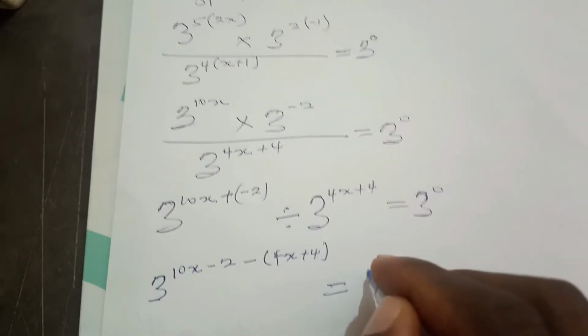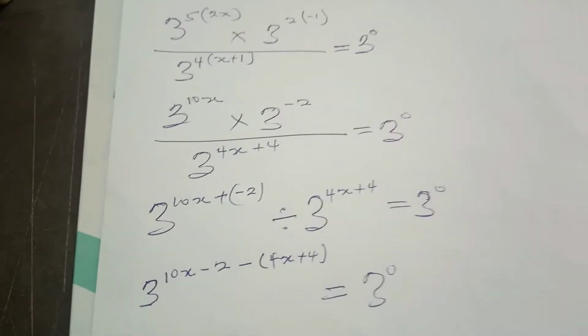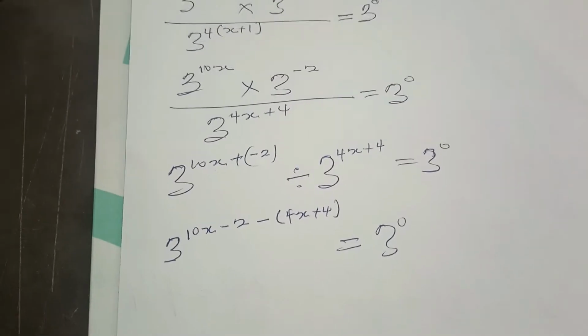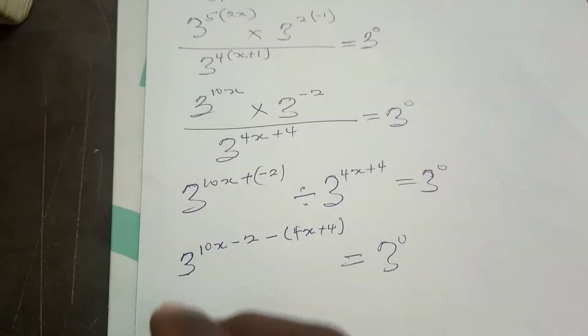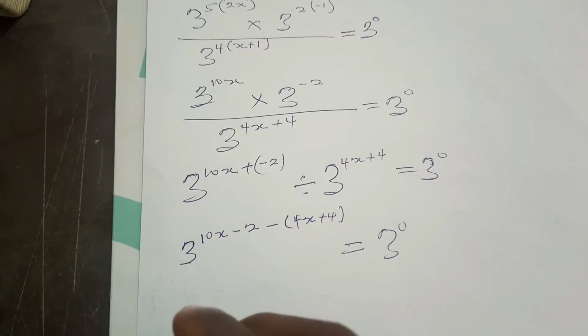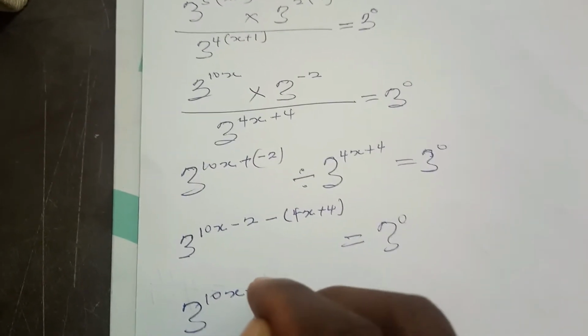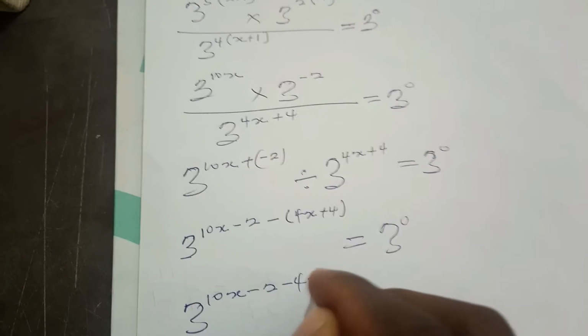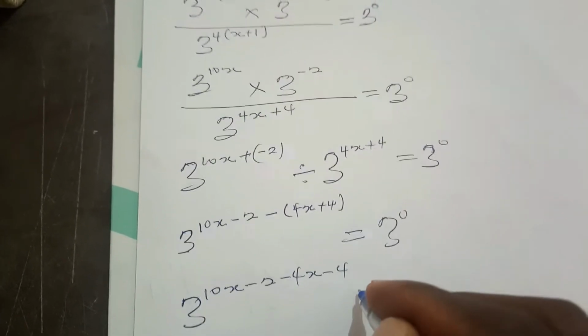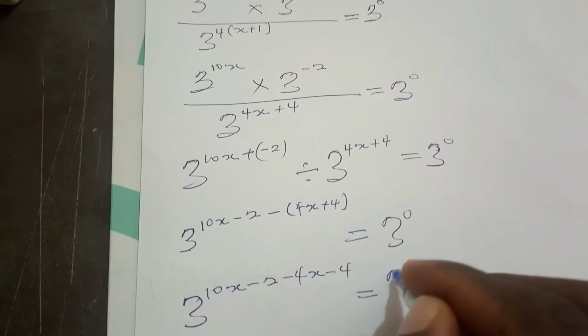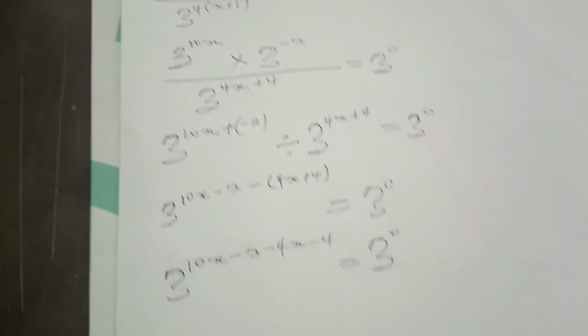Then this will be equal to 3 exponent 0. Good. So now we open the parentheses to get 3 exponent 10x minus 2 minus 4x minus 4. This should be equal to 3 exponent 0.